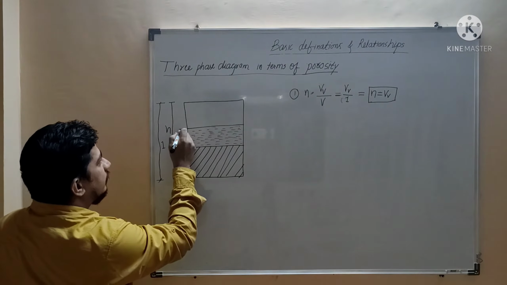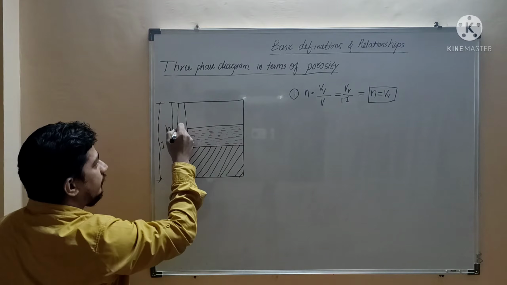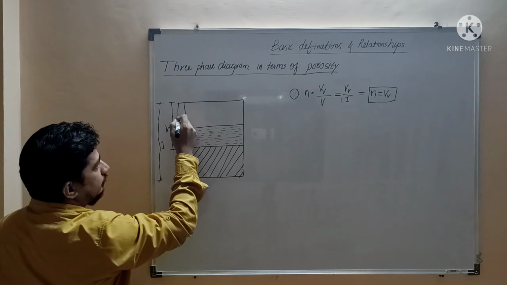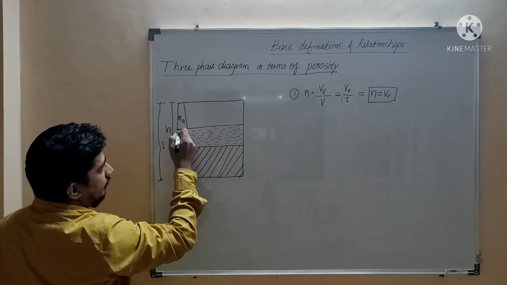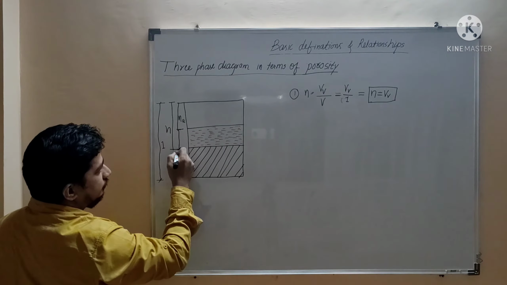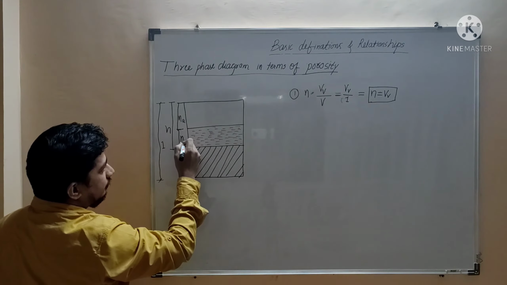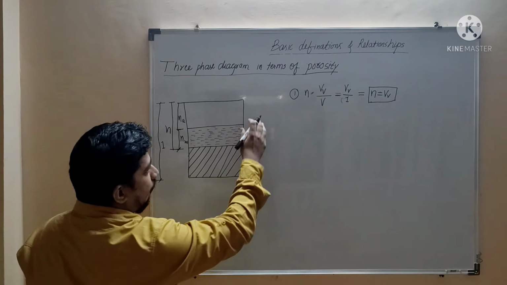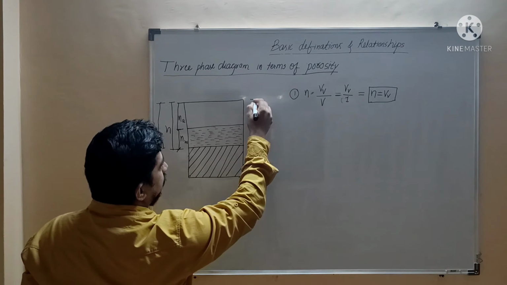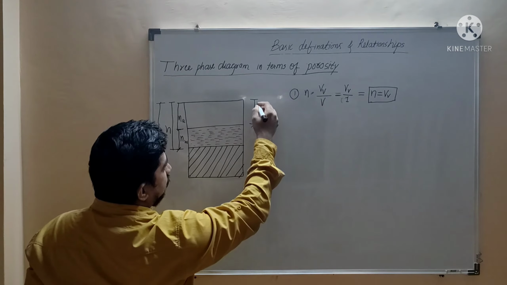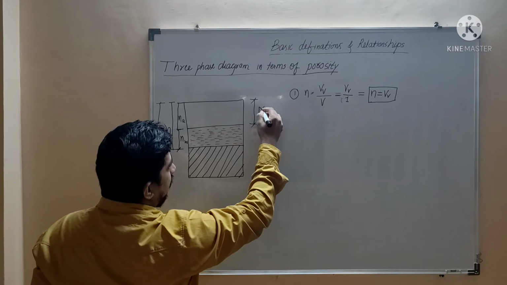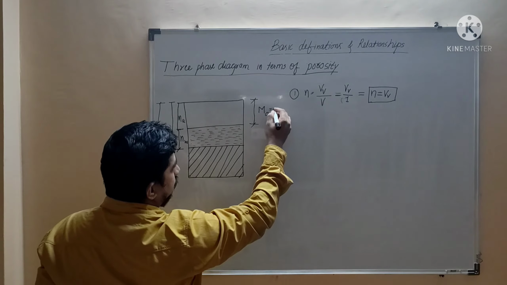So it can be written like this: na, and some part by water, nw. About mass of air, we know that the mass of air is negligible. So Ma is equal to 0.